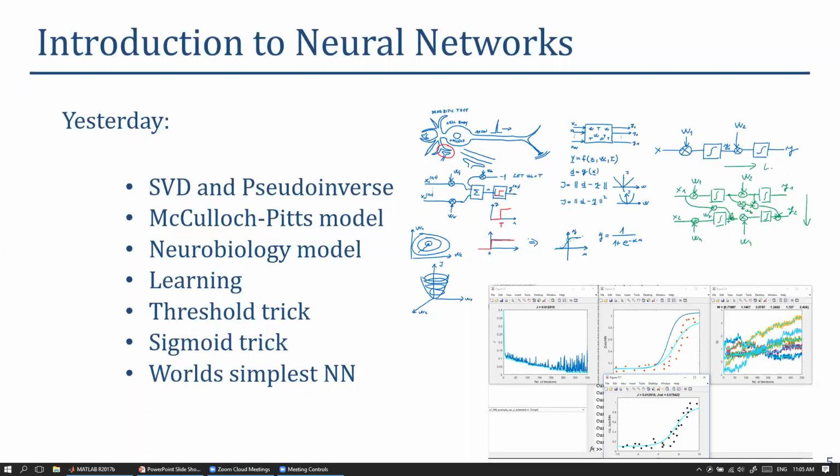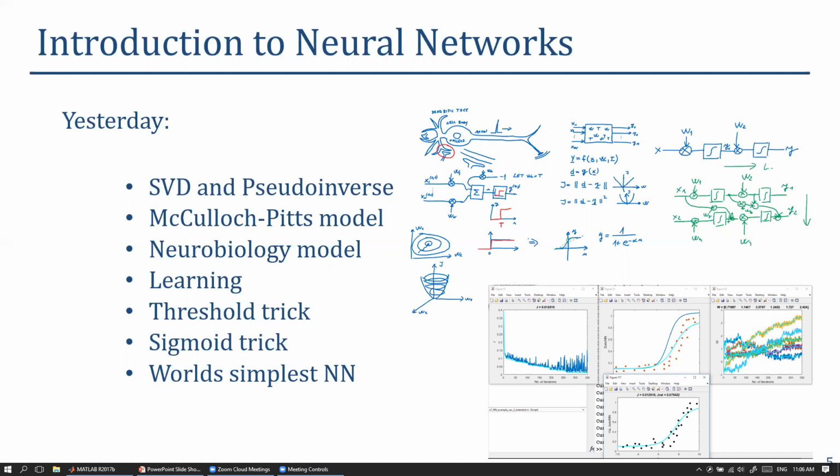We looked at the learning, so how this very simple neural network can be trained. We used the chemotaxis algorithm to demonstrate the parameterization in the learning. And I have explained some tricks regarding the thresholds and activation functions.